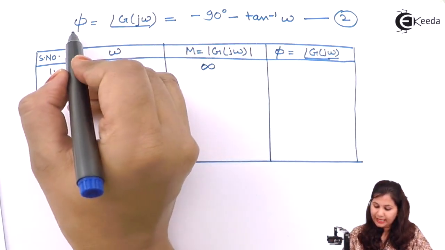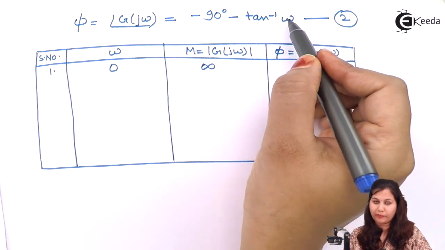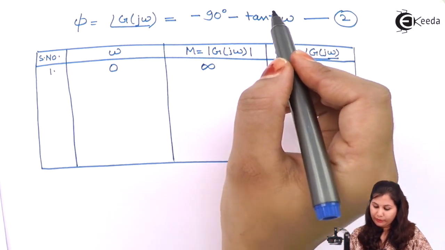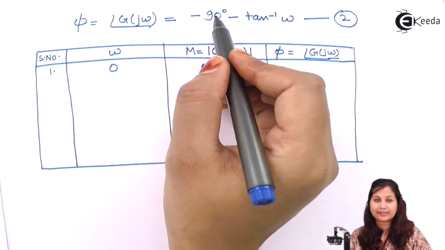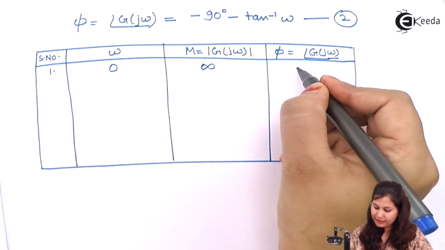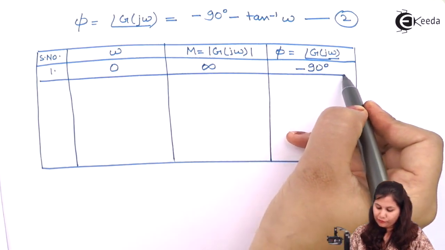In the angle expression, equation number 2, putting omega as 0, it will be minus tan inverse of 0, which is 0, so minus 90 degrees will be the phase angle. This is our first value of omega.